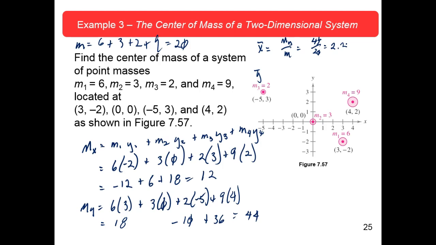Okay. And your Y bar would be M sub x over M, and that would be 12 over 20, which would be 3/5, or 0.6. Okay?